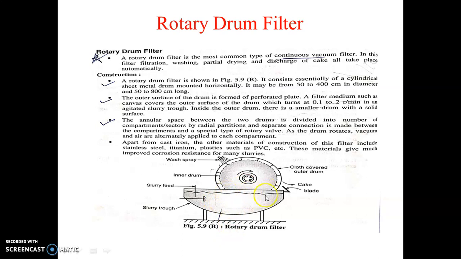Then the vacuum is applied to the portion of the drum which is submerged in the slurry, and because of this the liquid gets sucked into the compartment and the solid gets deposited on the cloth to form a cake of a desired thickness.